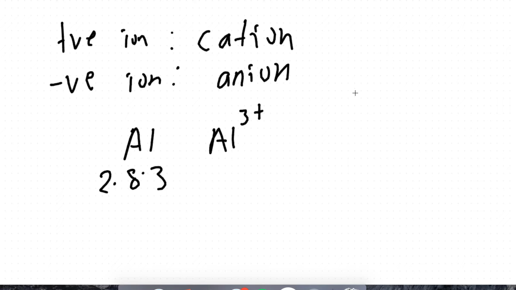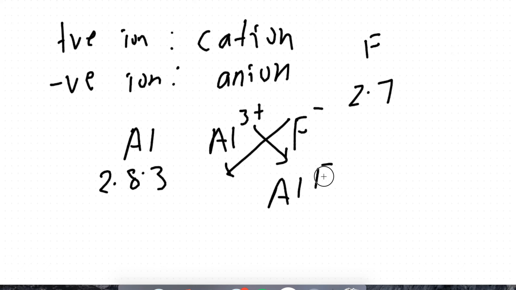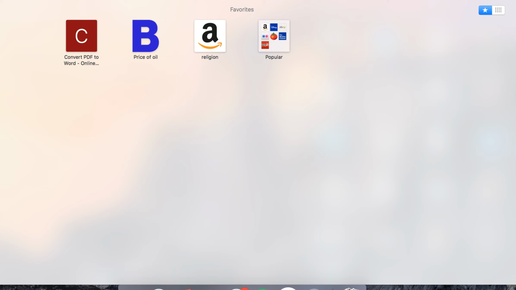Fluoride is 2.7. So, it needs to gain an electron to become stable. So, F minus. When it forms a compound, AlF3. What about barium chloride? Barium chloride. Barium is Ba2 plus. How do we know it's Ba2 plus? Let's look at the periodic table.